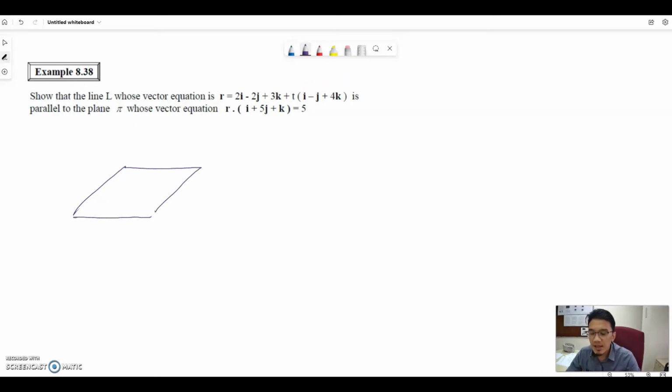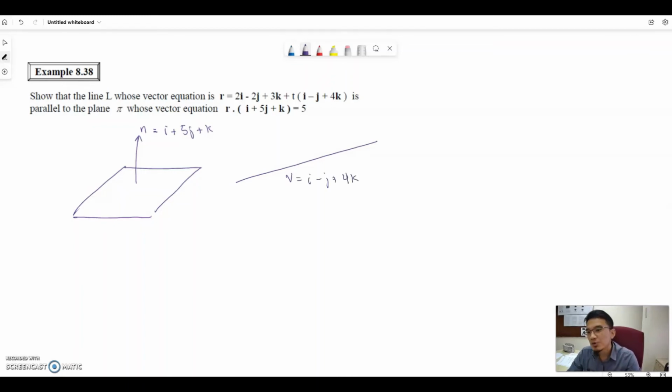This plane has a vector that is normal to the surface of the plane, n equal to i plus 5j plus k. And then we have a line. We don't know in which direction it is pointing. This line has a direction vector that is equal to i minus j plus 4k.